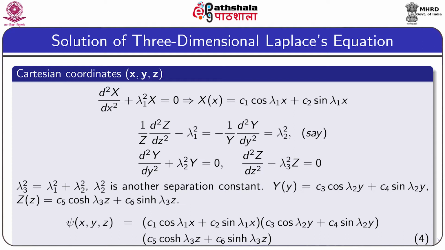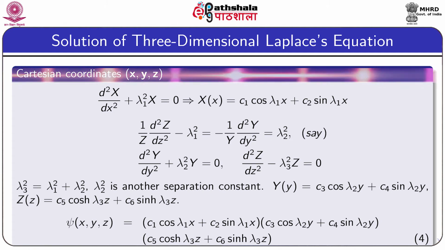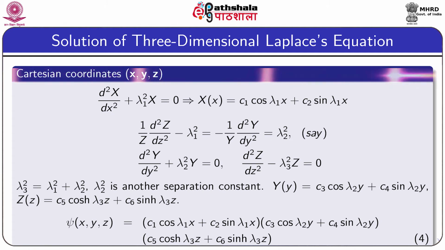Now, C2 cannot be 0 because we already got that C1 is 0. If C2 is 0, then psi becomes 0 for all x, y, z. So, that is a trivial solution, but we are not interested in the trivial solution. So, we assume that C2 is not equal to 0. Therefore, to satisfy the second boundary condition, sine lambda 1 a must be equal to 0.